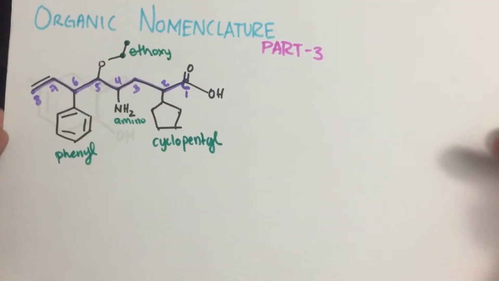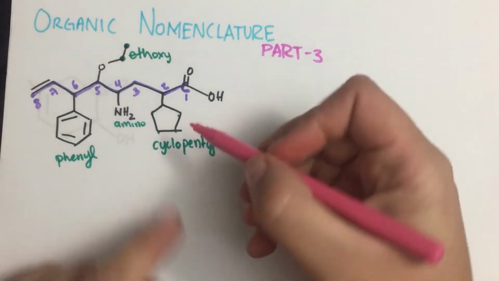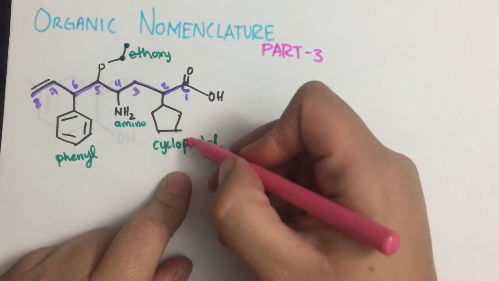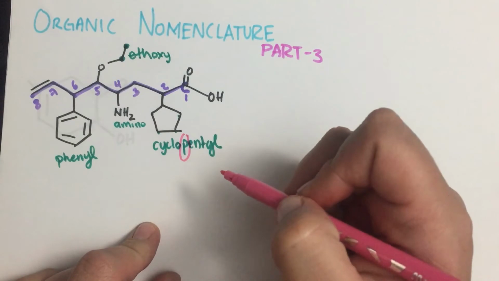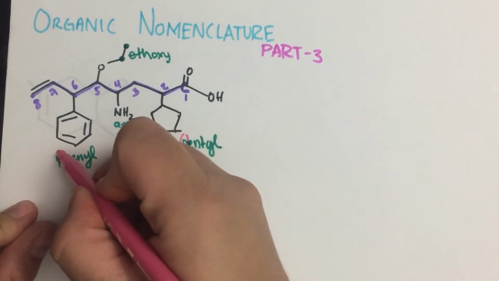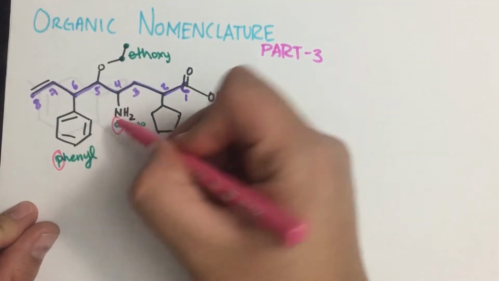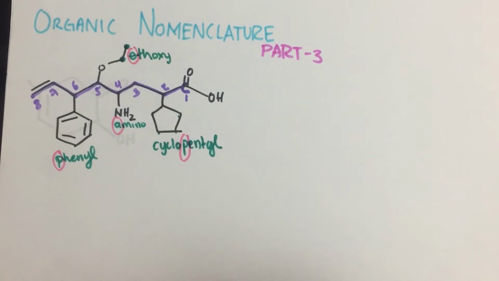Alrighty, so then alphabetically, what are we going to take into account? For the cyclopentyl, we're going to take into account the P, since the cyclo does not tell anything about carbon number. The pent does, so that's what counts. The phenyl, the amino, and the ethoxy. So the first name we're going to mention is amino.